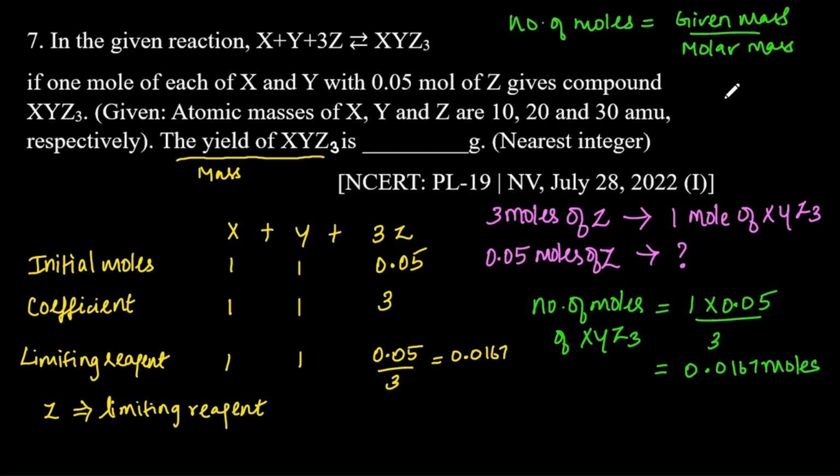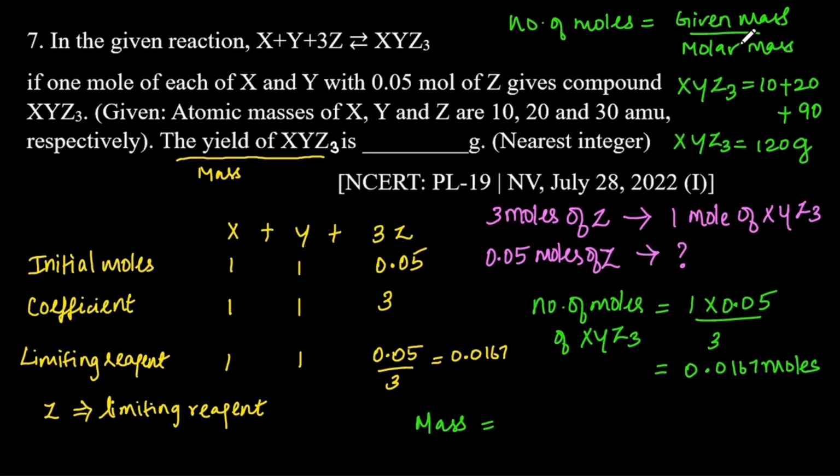So first you have to find the molar mass of XYZ3. It is already given. The mass of X is 10, mass of Y is 20 and mass of Z is 30, but 3 atoms are there. So 3 into 30 is 90. So the molar mass of XYZ3 is 120 gram. Now we have to find the given mass. So we will just rearrange.